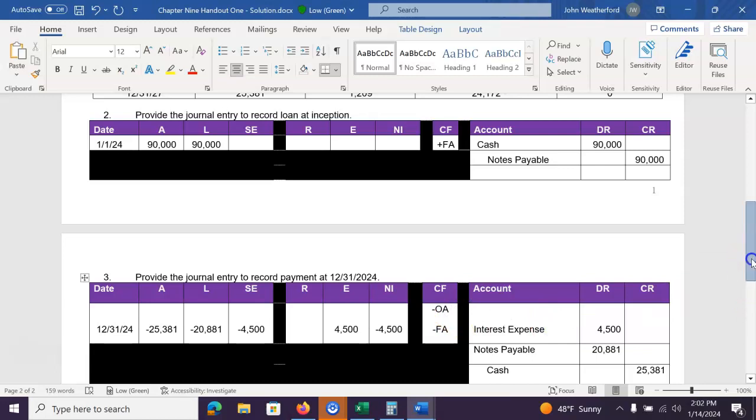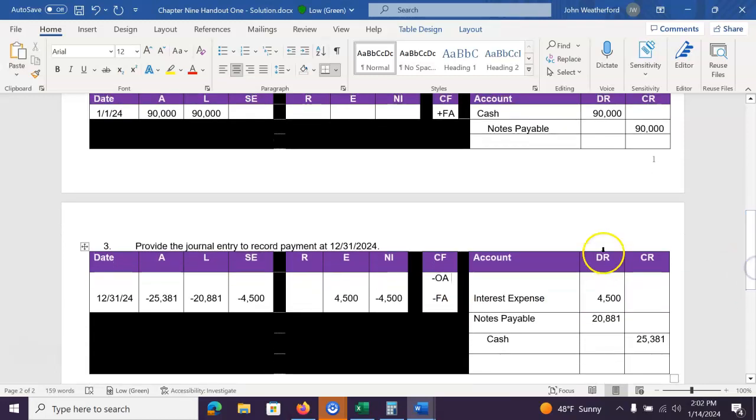All right, and then what happened here? What are the financial statement effects? Well, our expenses increased by $4,500, causing net income and stockholders' equity to both decrease by $4,500. The liability, notes payable, decreased by $20,881. And then cash, the asset, decreased by $25,381.